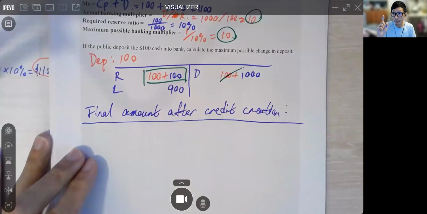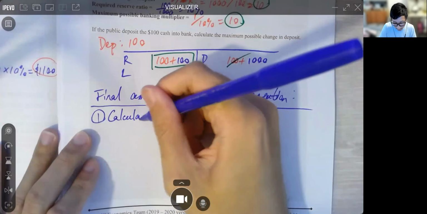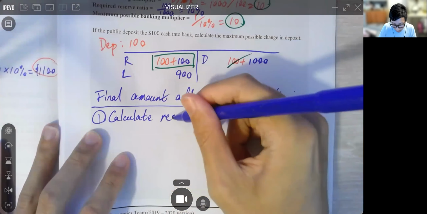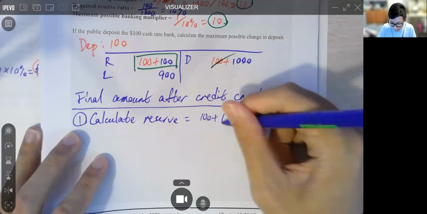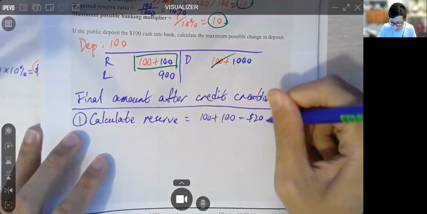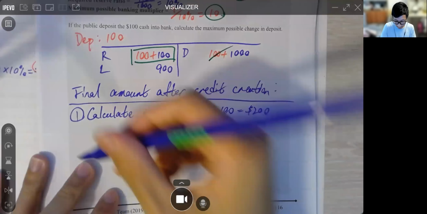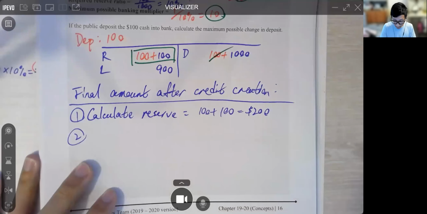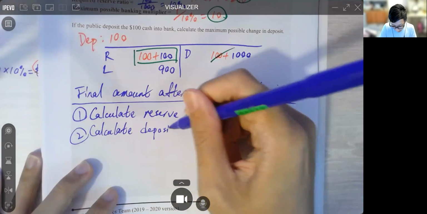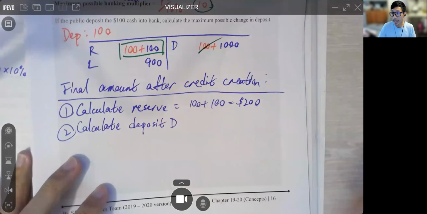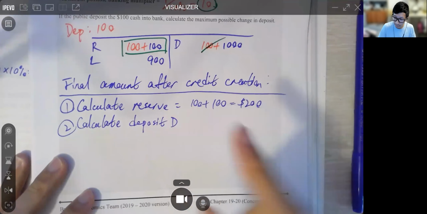We follow steps. Step number 1. Let's calculate reserve, which here would just be 100 plus 100, 200. 而家最後嘅 reserve 應該係200蚊嘅。Okay, then second step, we calculate deposit, which let us call D. 點計啊？Again, we know required reserve ratio is 10%, right?